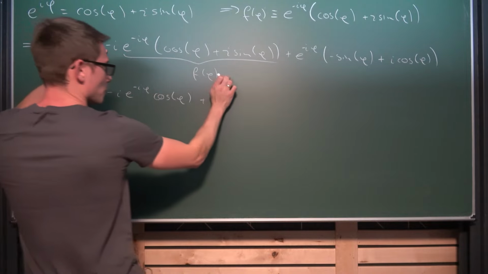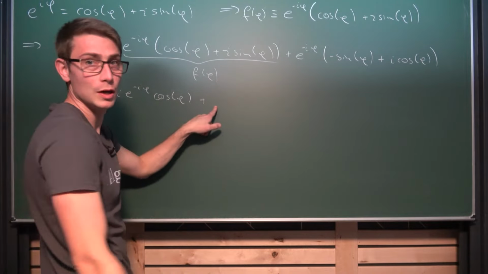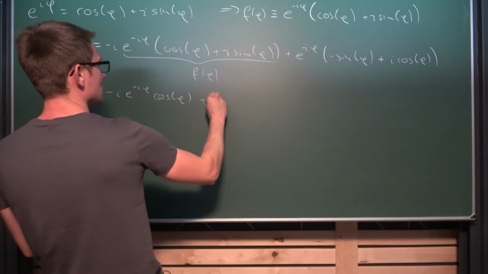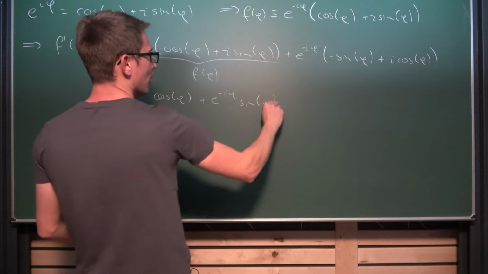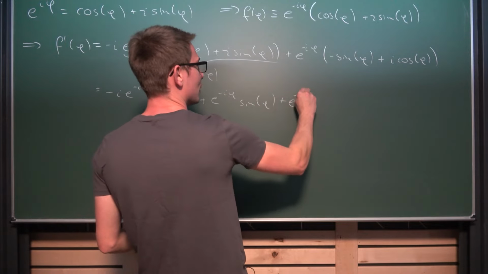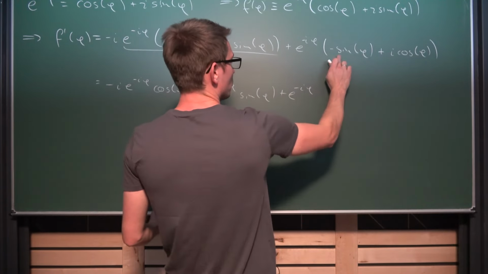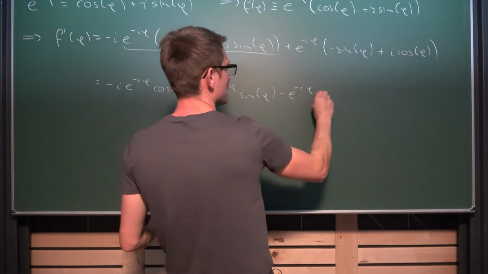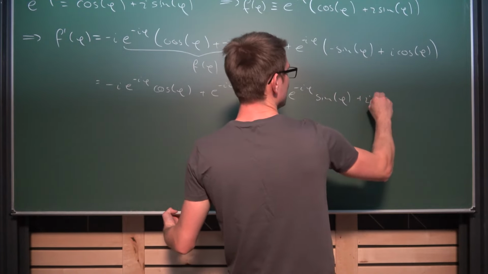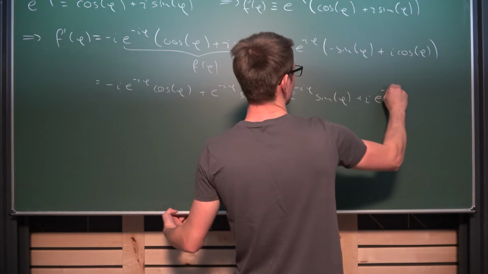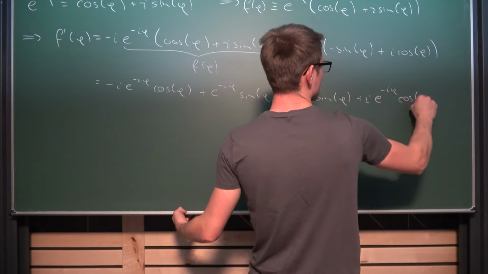Negative and negative is positive, so this is going to turn into part of the real part. Actually, so e to the negative i phi times sine of phi, and then plus e to the negative i phi. We are going to get negative sine here, negative sine of phi, and then plus i times e to the negative i phi times the cosine of phi.